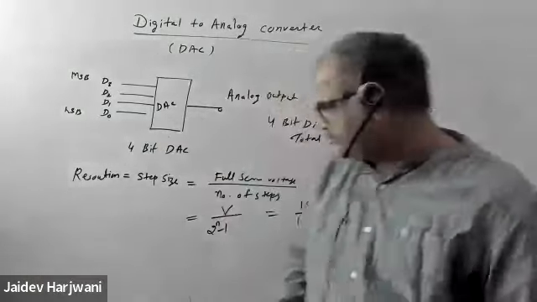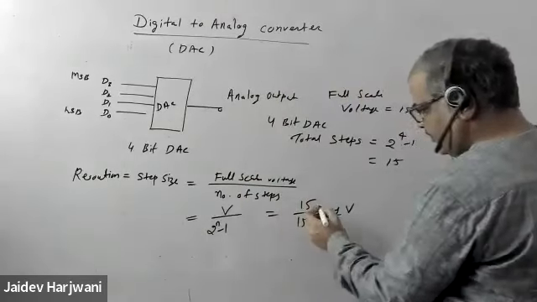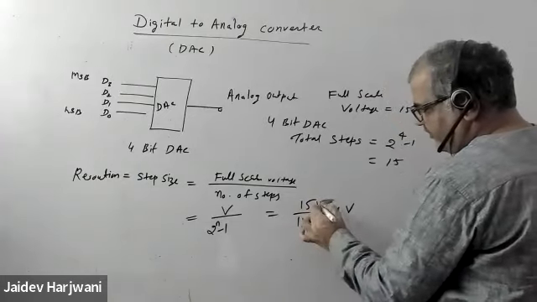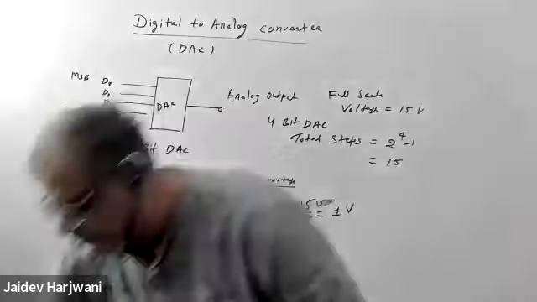So basically you have a full scale voltage of 15 volts and the number of steps is 15. So your resolution will become 1 volt. So what does it mean?